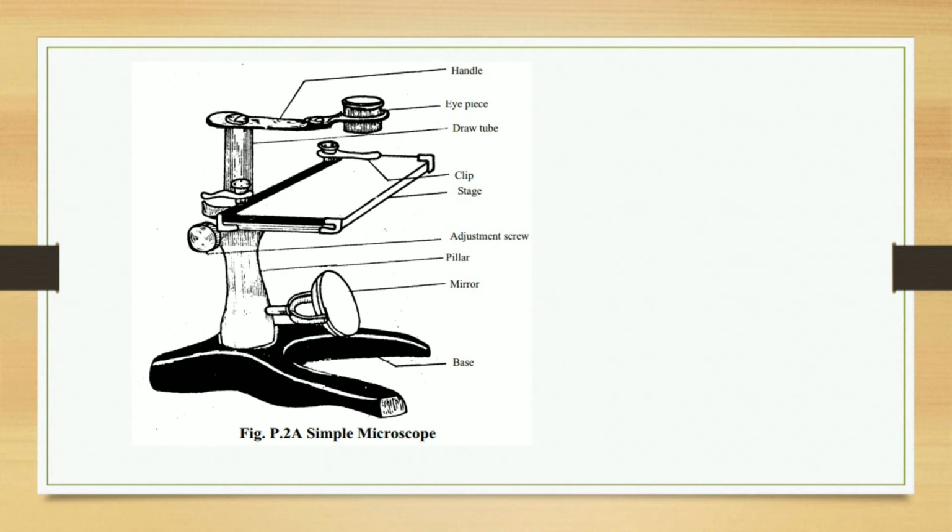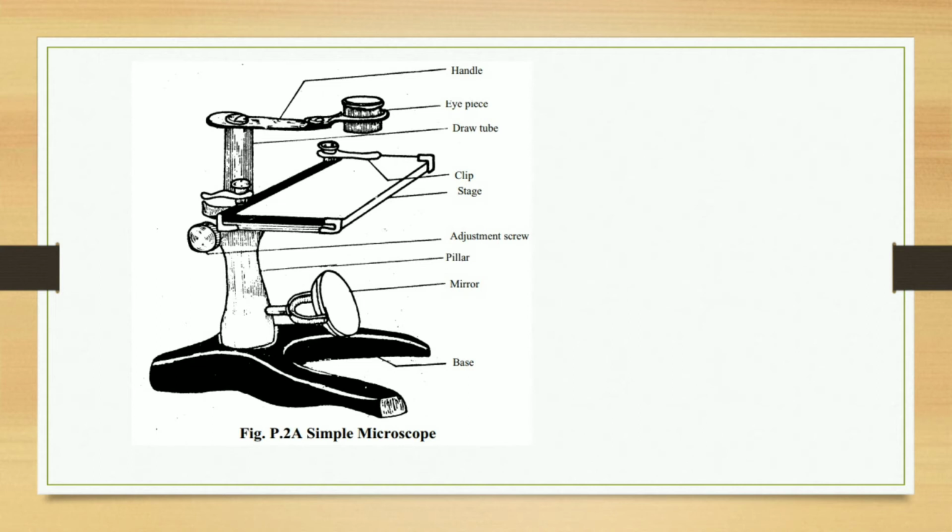See, this picture is of a simple microscope. It contains a handle, then an eyepiece for observation, and clips for holding the object.